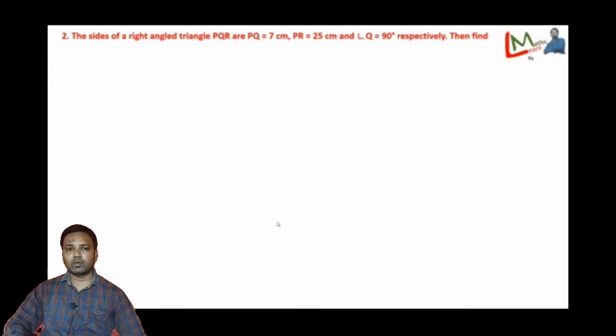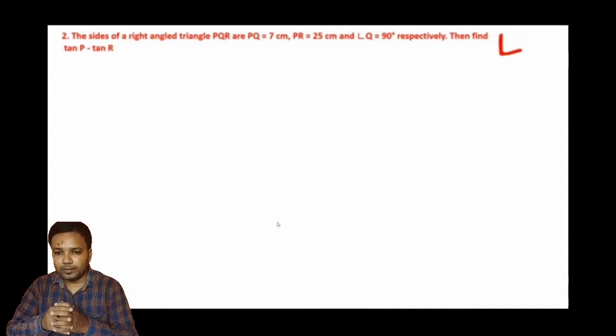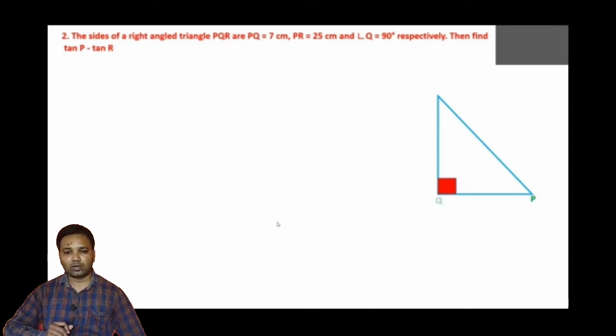We'll get into the second problem of the exercise. The sides of a right angle triangle PQR are PQ equals 7 cm, PR equals 25 cm and angle Q equals 90 degrees respectively. Then find tan P minus tan R. To find the solution, again we have to consider a right angle triangle PQR this time.